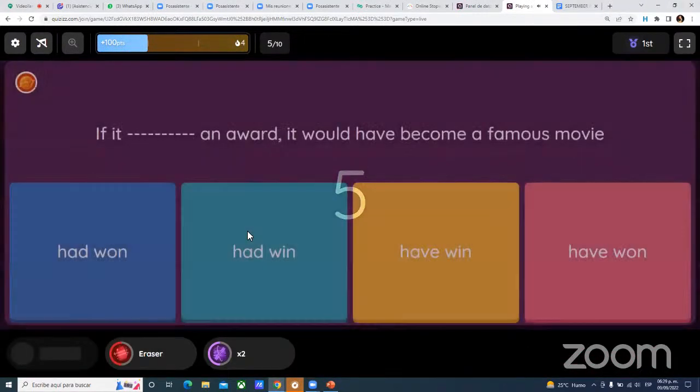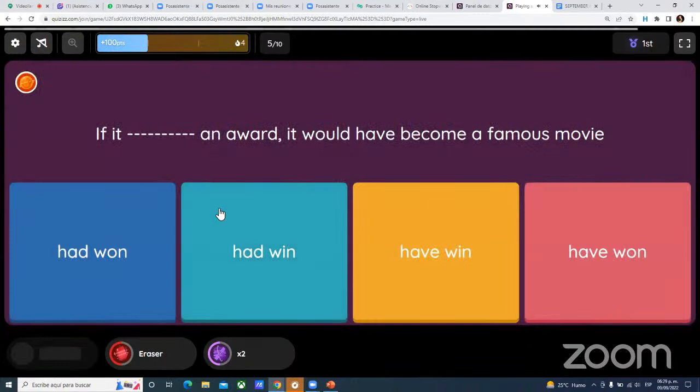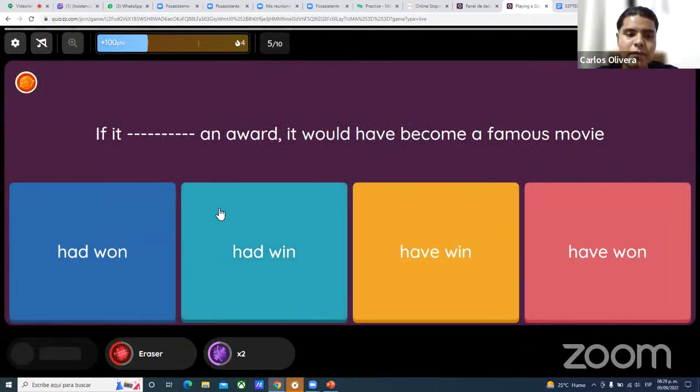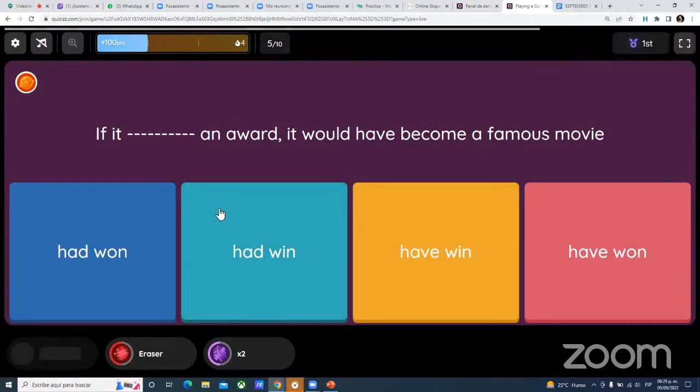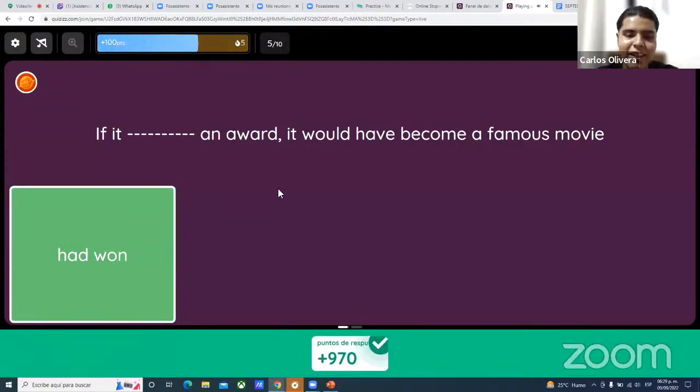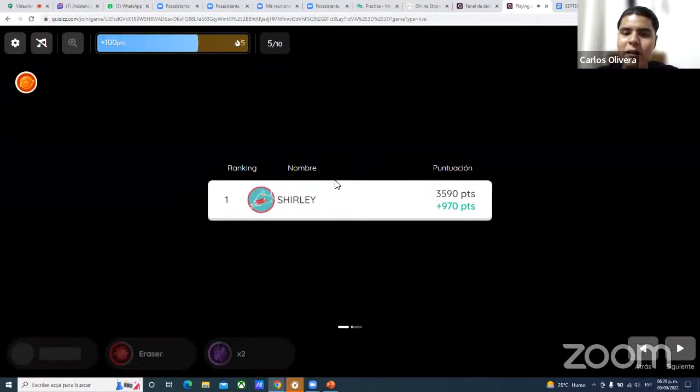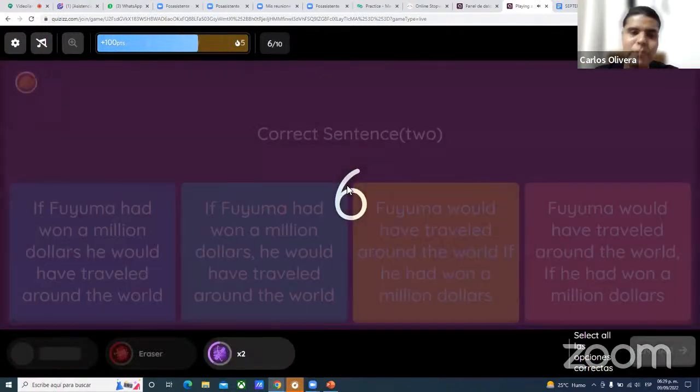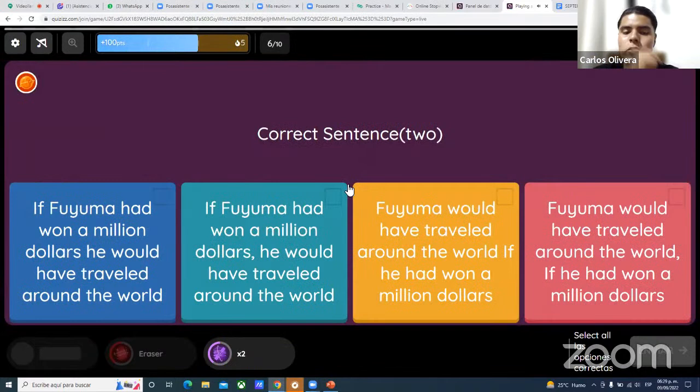It doesn't change. It's become. So if it had won the first. Fantastic. There you are. Very good. Let's continue. Number 6. Correct sentence. In this case, we have 2 correct sentences. So you have to choose 2 of these options. Please make your choice.